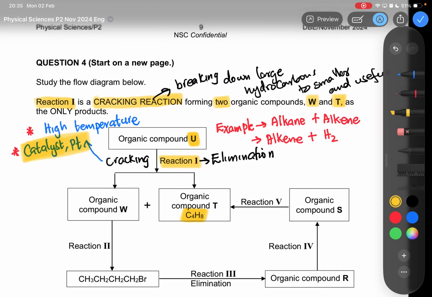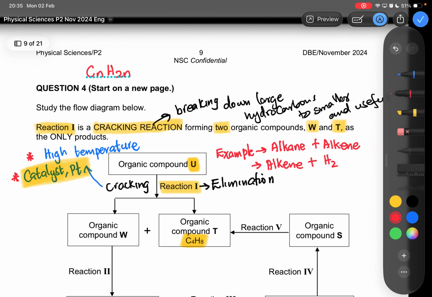It follows the pattern CnH2n. It follows this general formula, and therefore this general formula is for alkenes.